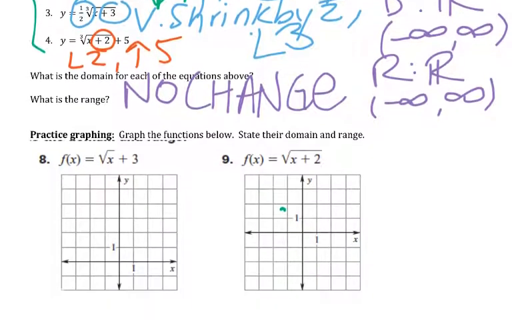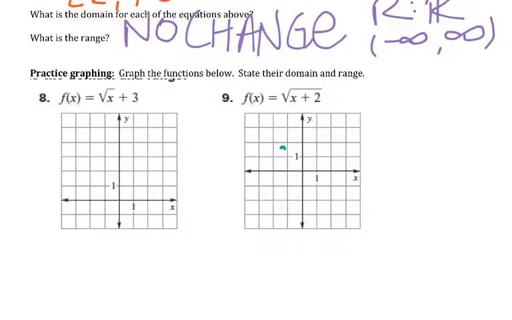Okay, in the next practice problems, which is like your homework, you would want to graph the parent function, so 0, 0, 1, 1, and then 4, 2. Then transform the function. So +3, that means I'm moving up 3. I'm going to move each of these points up 3.